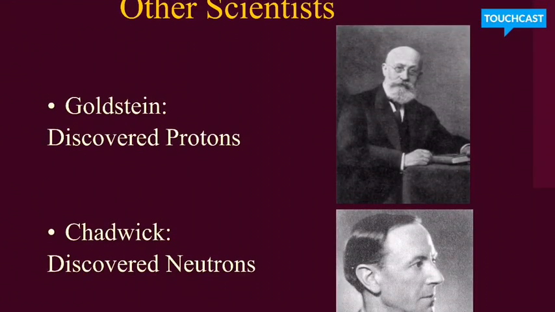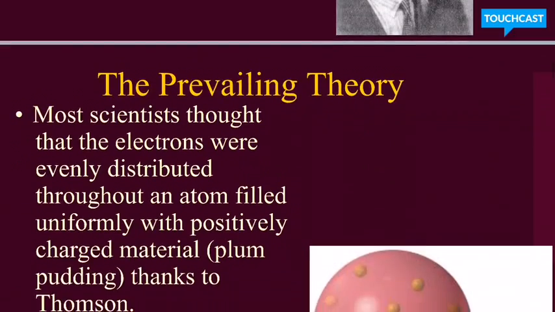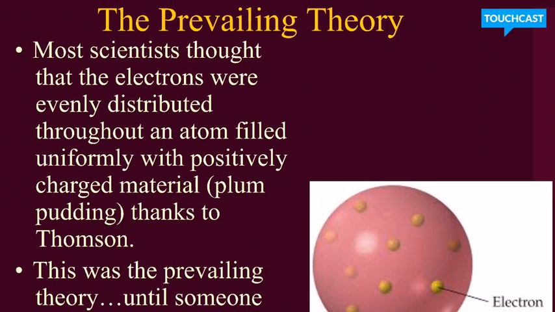Some other scientists came along and discovered other parts of the atom. We credit Goldstein with discovering protons, and we credit Chadwick with discovering neutrons. These were not easy discoveries to make. At the time, the prevailing theory was from J.J. Thomson with his cathode ray tube. Some models are good and some models are bad, but his model was sometimes called the plum pudding model.